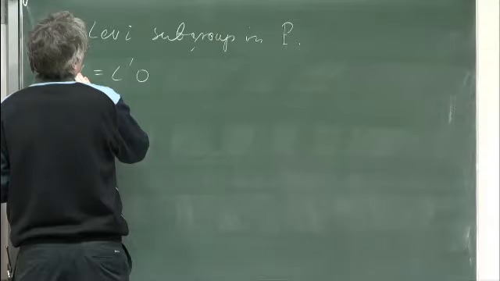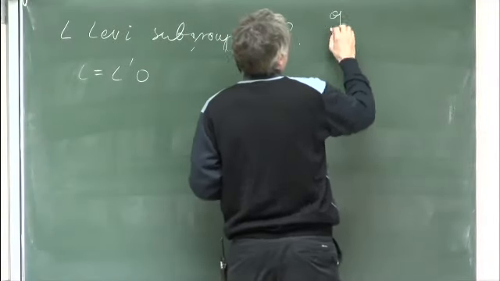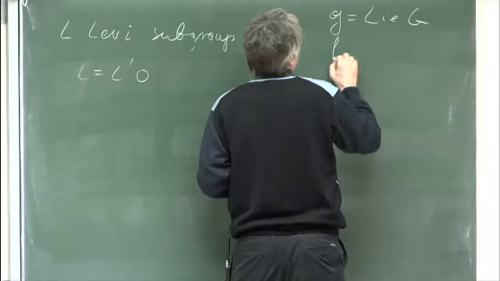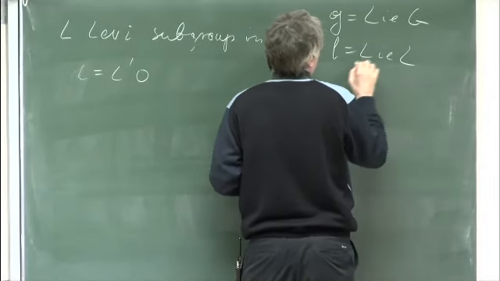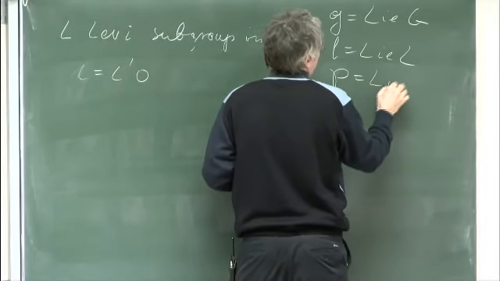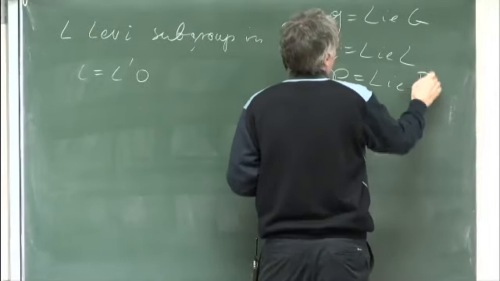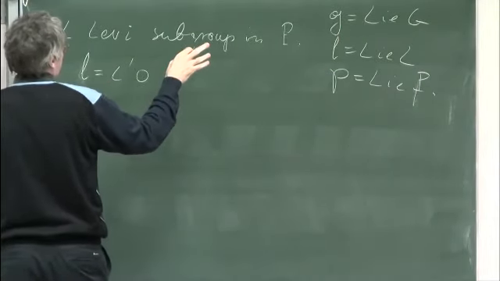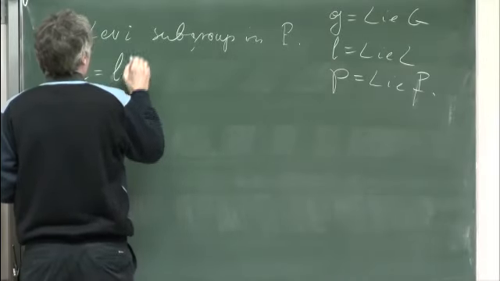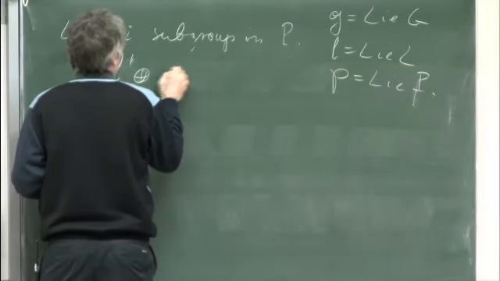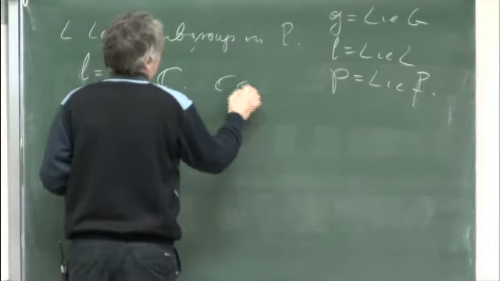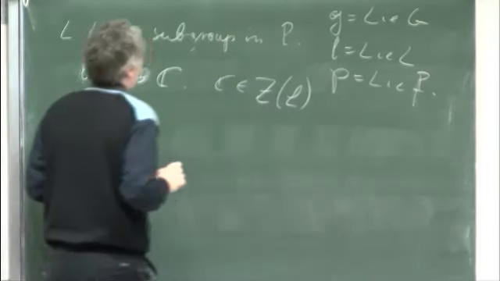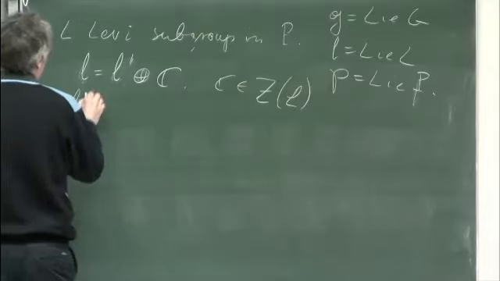At the level of Lie algebras, and I will also denote by the same letters, say G, the Lie algebra of G, L the Lie algebra of L, P the Lie algebra of the parabolic subgroup, and so on. If you consider the Lie algebra of this Levi group, then it is the sum of L prime plus a one-dimensional center. So C is in the center of this L, and this L prime is a semi-simple Lie algebra.